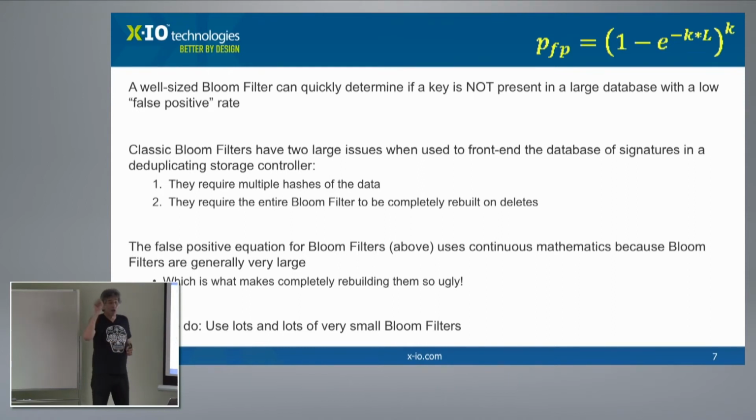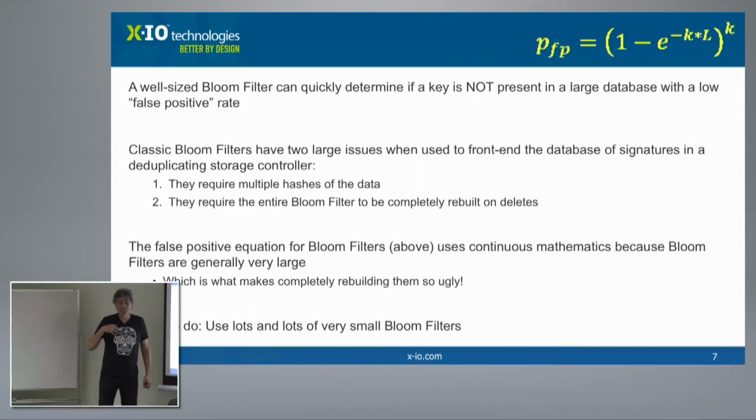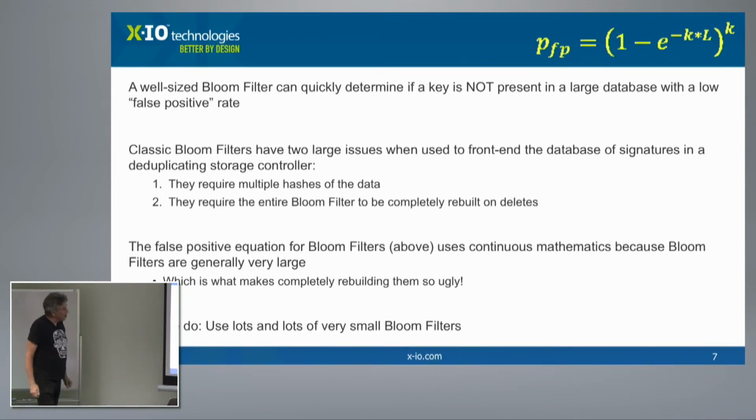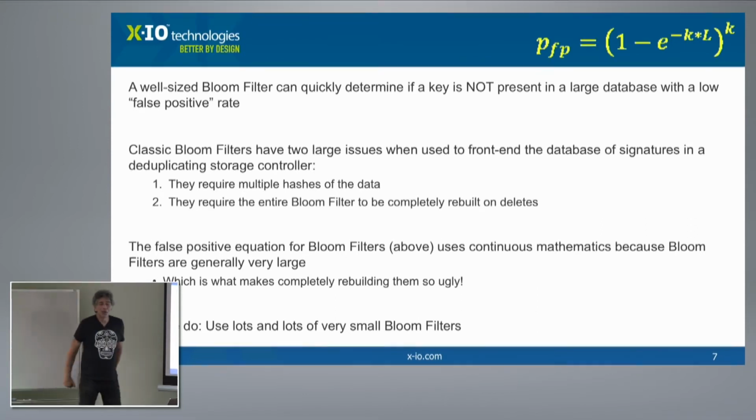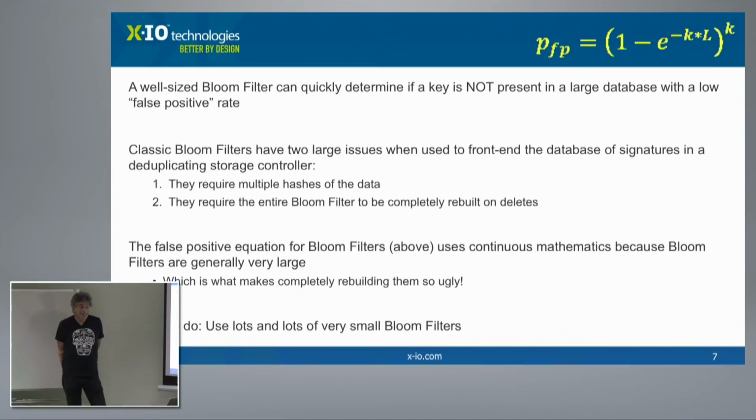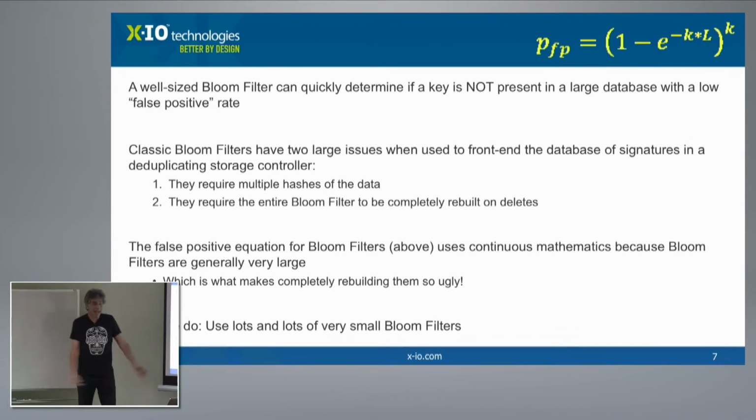The problem is you're ORing bits into this bitmap, and there's no such thing as an unOR operation. Okay? XOR doesn't work? Nope. So the only way to de-OR bits from a deleted entry out of the Bloom filter is to rebuild the Bloom filter from scratch. Take your 100 billion or 10 billion or billion entries and run it back through the process, create the hashes, set the bits, et cetera, on every delete.